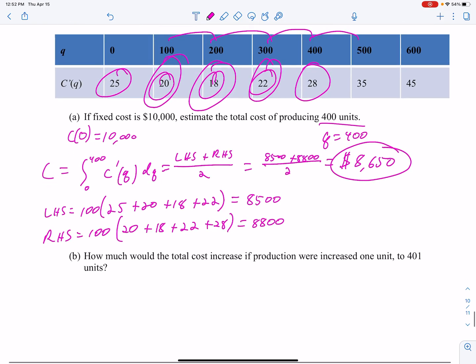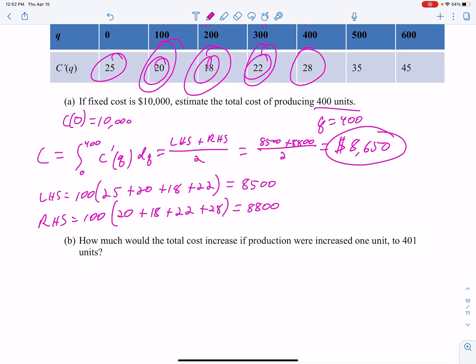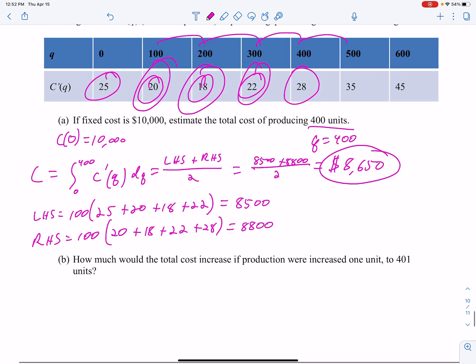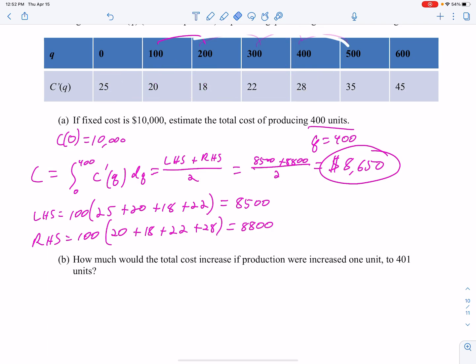Part B: how much would the total cost increase if production were increased 1 unit to 401 units? Well, that's what the chart is telling us right here. For 400 to 500 units, the change is 28.